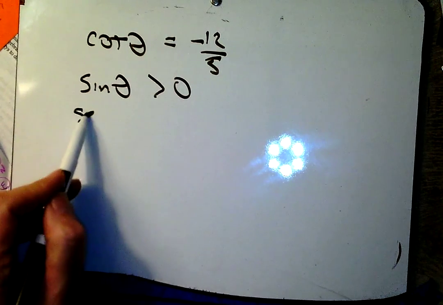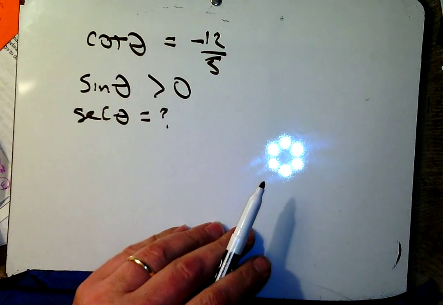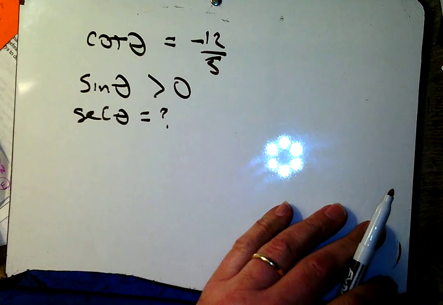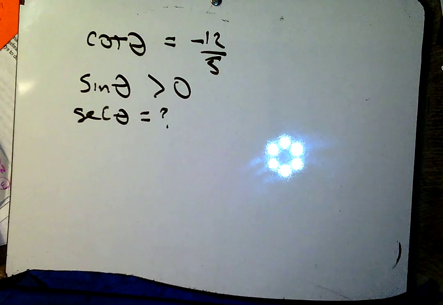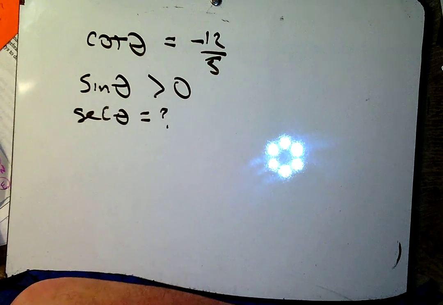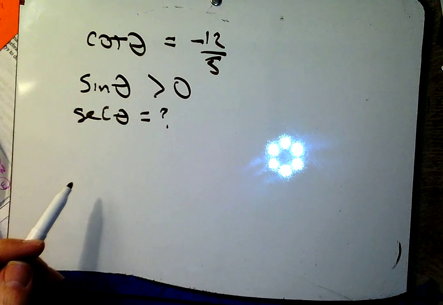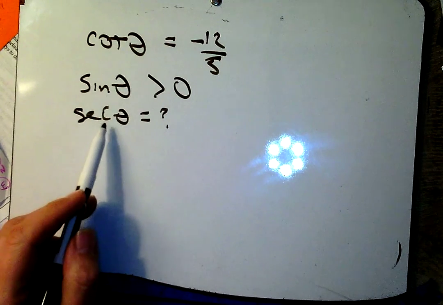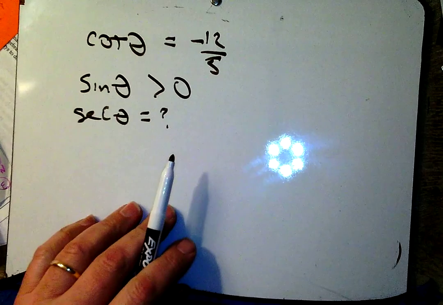I would like you to figure out secant of theta. So figure out which quadrant to draw the triangle in, and then after you've drawn the triangle and labeled the parts appropriately, tell me the secant in that picture.